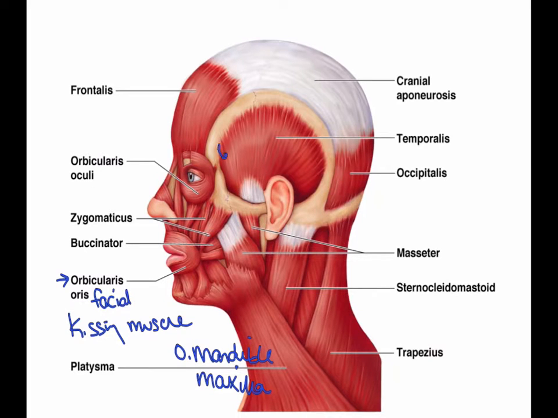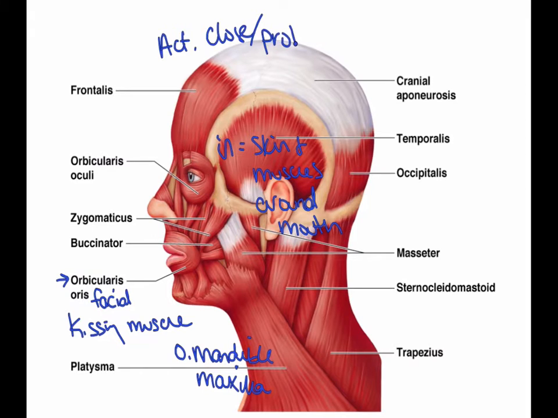So I'm going to write that up here. So the insertion is the skin and muscles around the mouth. Okay, and then the primary action. So the action is it's going to close and protrude the lip, and it's also going to be that motion like if you were whistling.